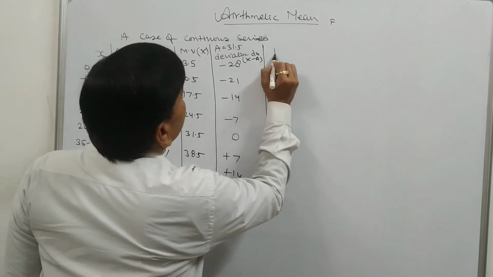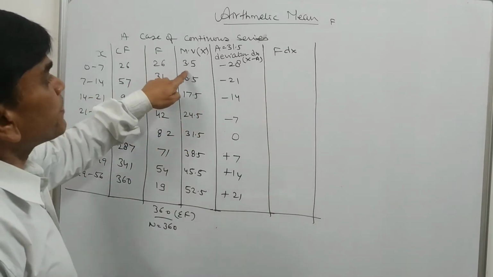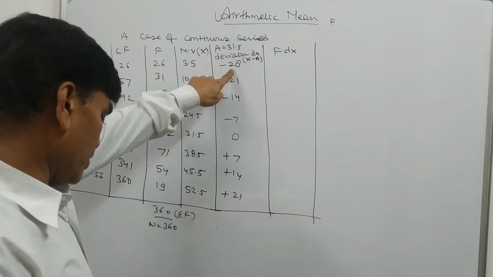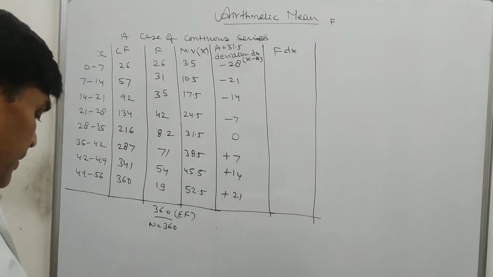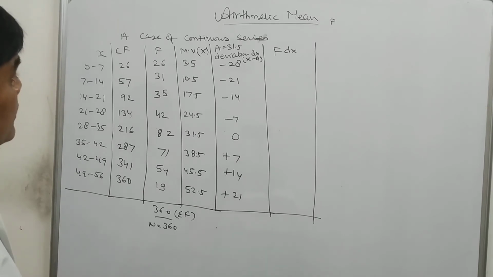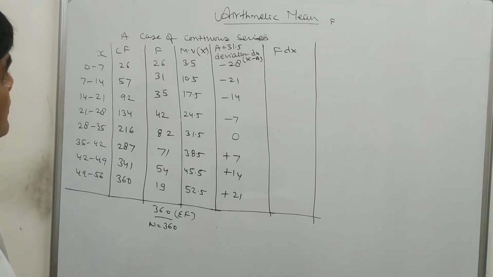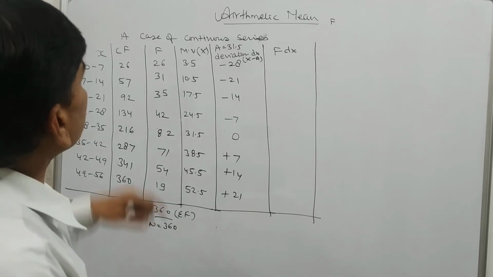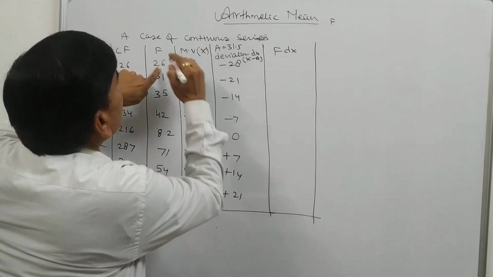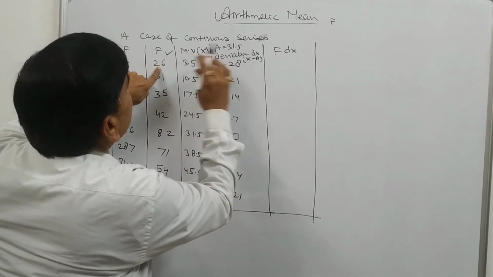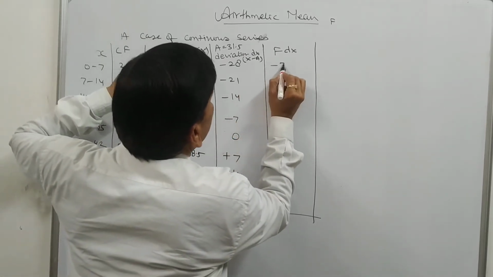Now we require f dx, the value of f dx. It means we are to multiply 3.5 with 28. No, we have a mistake. 26 multiply 28, because we don't require this now. We are multiplying from this and this. So 26 multiply 28, that is 728.